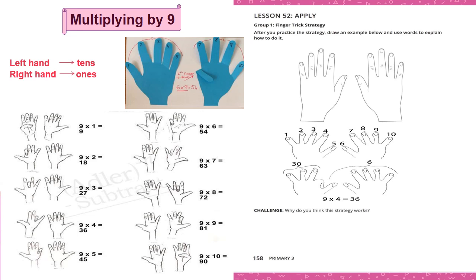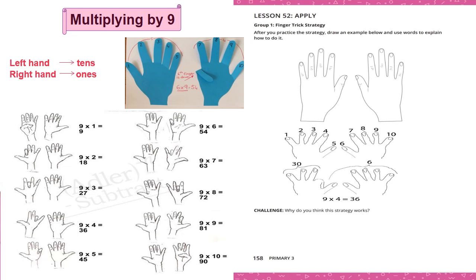How many fingers on the left side? Yes, 1, 2, 3. So I have 3 fingers on the left side. It means 3 tens, or 30. 3 tens equals 30.